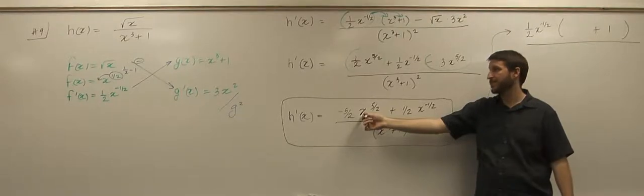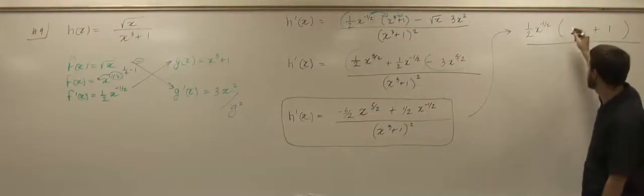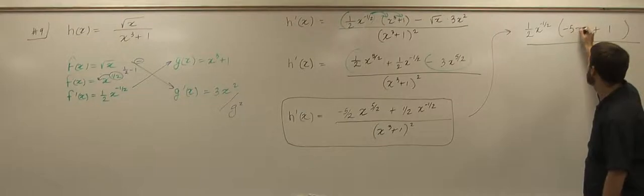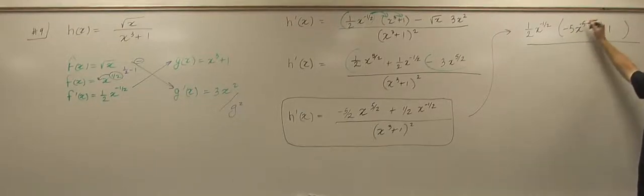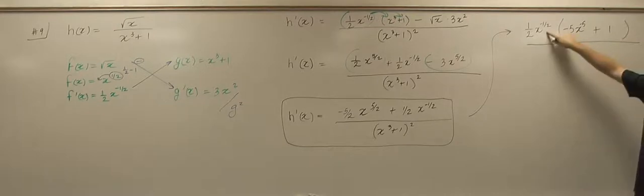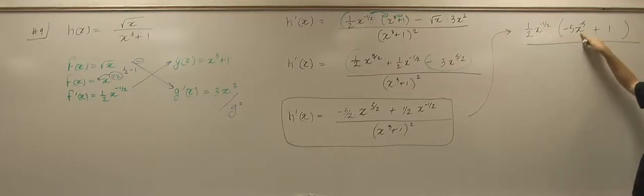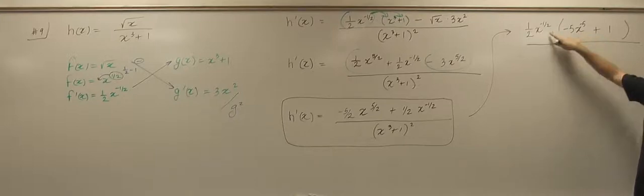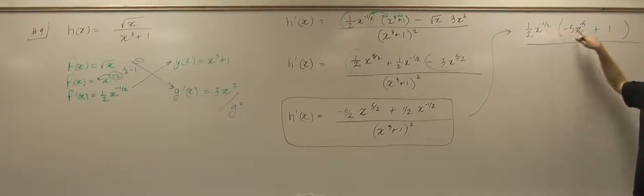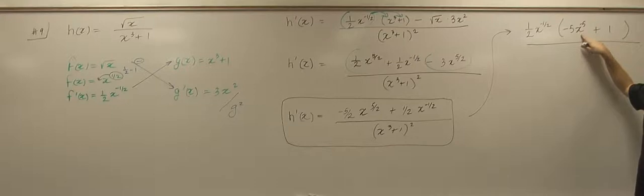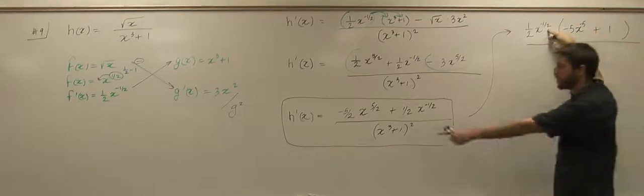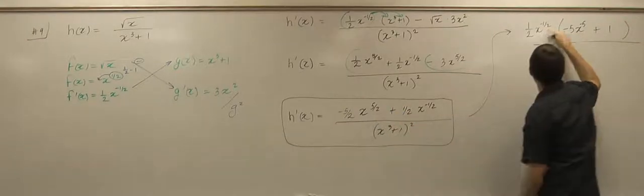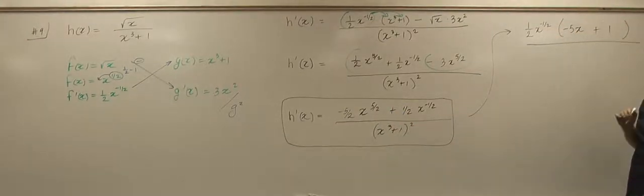Negative 5 times x to the power what? What happens when you do this times this? It's going to be 5 over 2. What happens to exponents when you multiply? You add them. So if you add negative 5 and negative 1 half, do you get 5 halves? Try again.